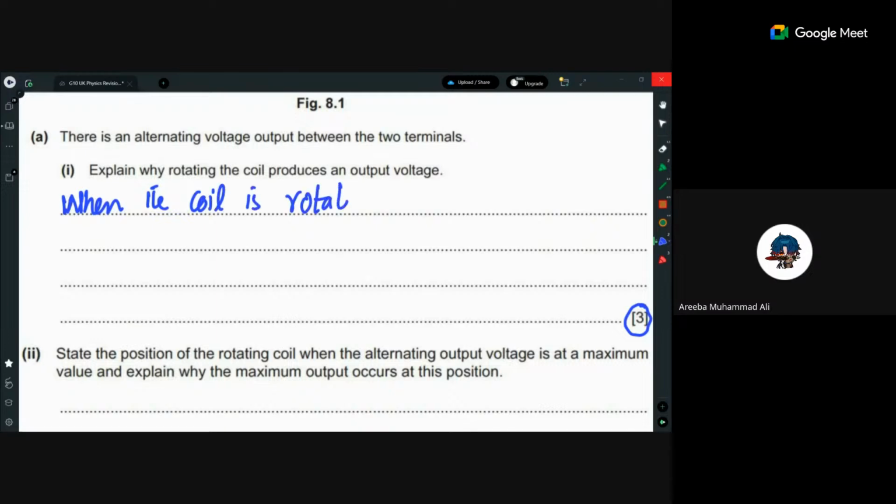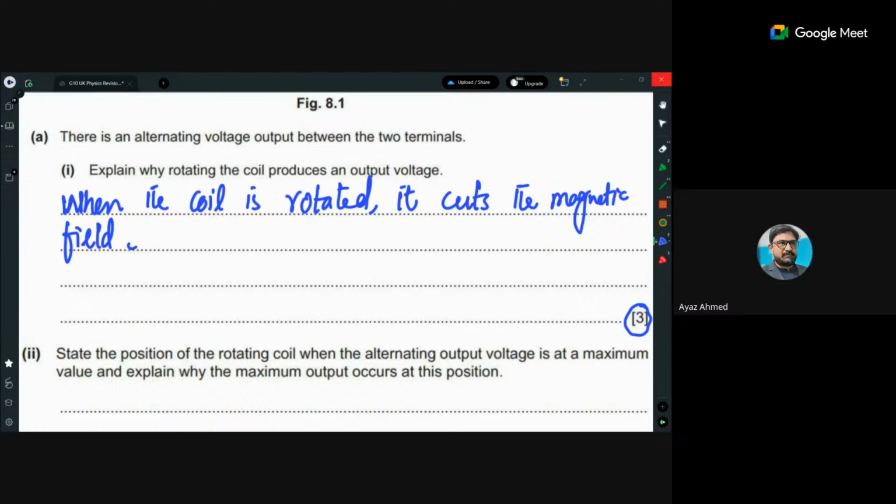It's because when the coil rotates, it cuts the magnetic field lines, which induces a current. Well done. Let me write it too, side by side. It cuts the magnetic field lines and induces EMF or current in the coil.